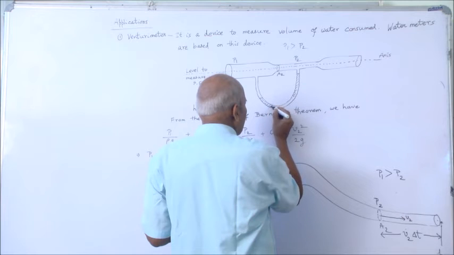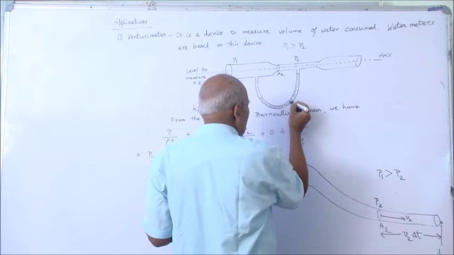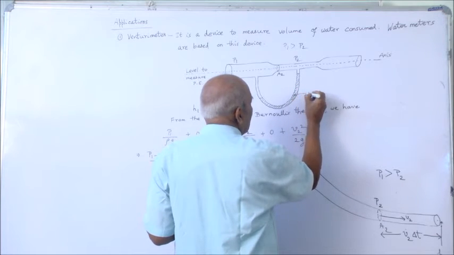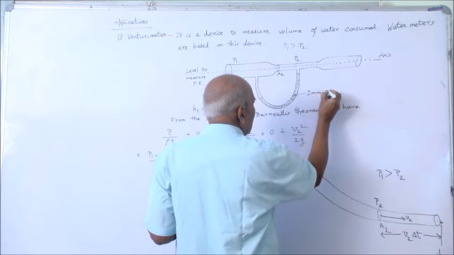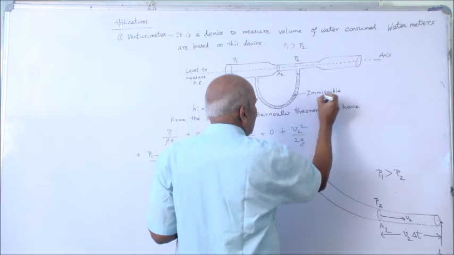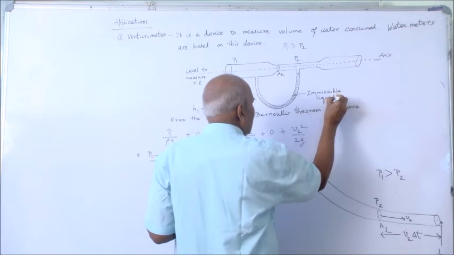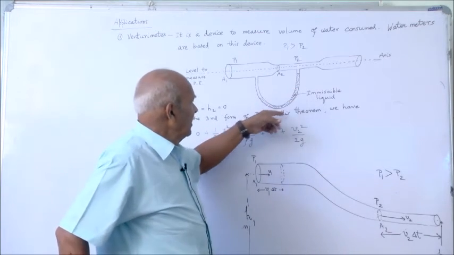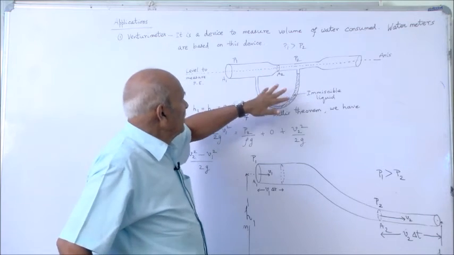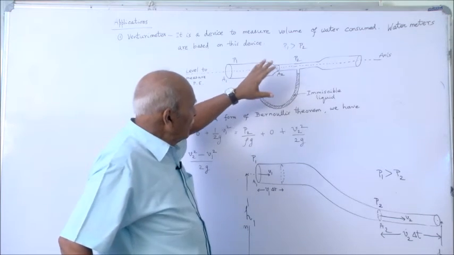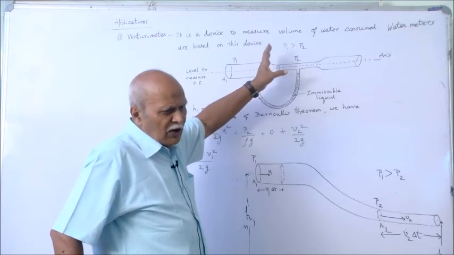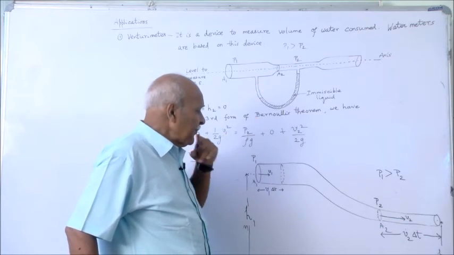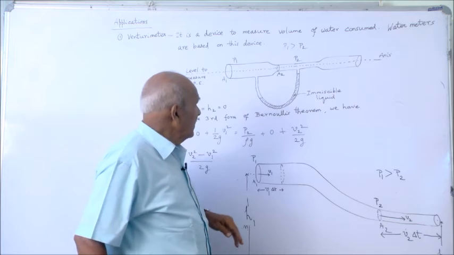So this is an immiscible liquid that does not combine with, say, suppose you take colored ink in this U tube, that will not do, because when water will flow, that colored ink also mixes with it and flows. So you cannot measure the pressure difference.